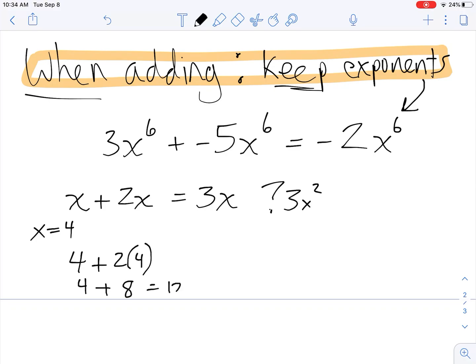That gives me 12. So would 3x, if x is equal to 4, give me 12? Yeah, okay, so that works. So I know that my 3x is correct. And so notice I did not change the exponents. I just added the coefficients, and I kept my exponents the same because I was adding.